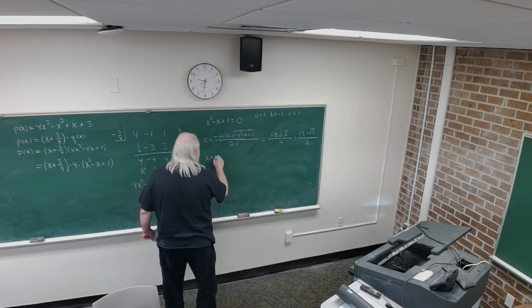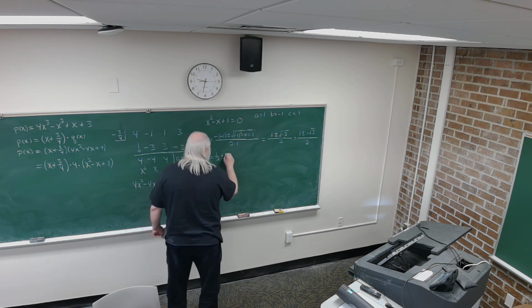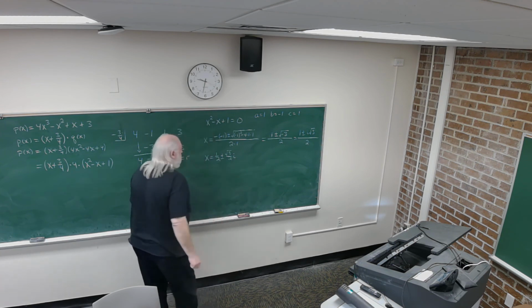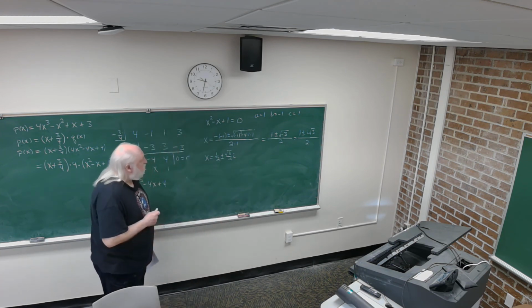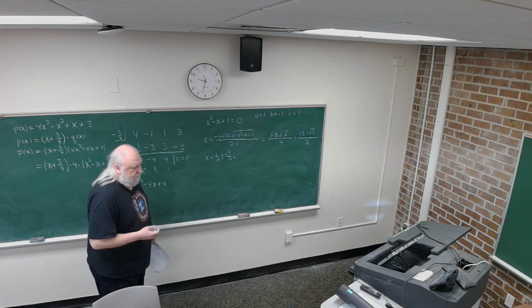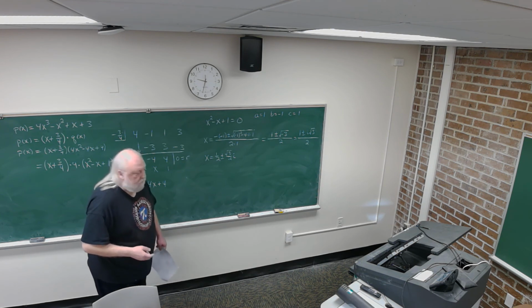So x equals 1/2 plus or minus the square root of 3 over 2 i. To write it in standard form, remember, the i is not in the numerator or denominator, so we can't end up under the square root.